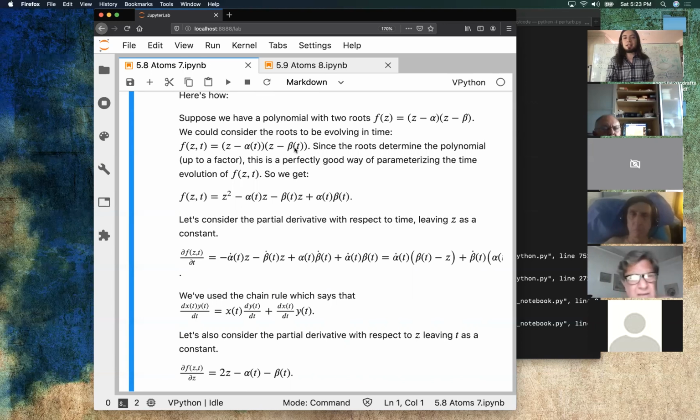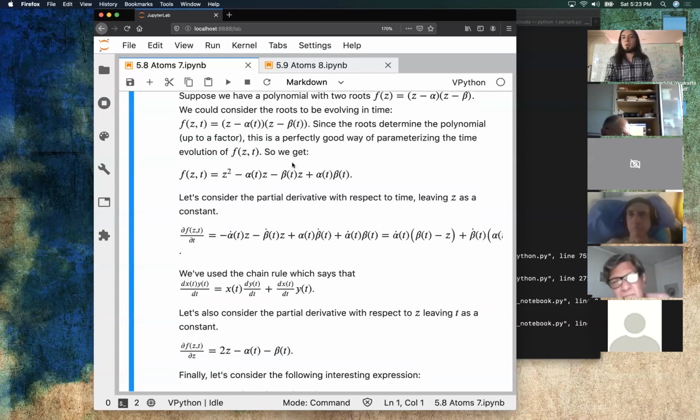And then I was interested in the time derivatives of those. So, I don't know what to say. When I'm doing my Python code, again, I'm approximating the roots.